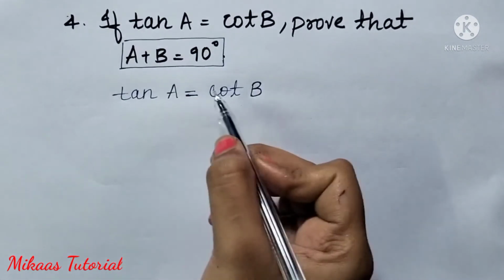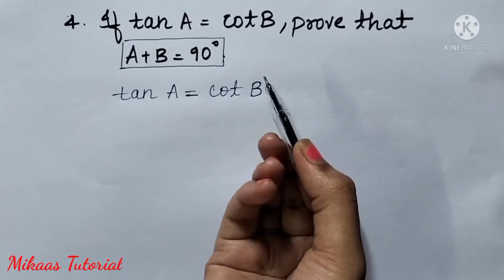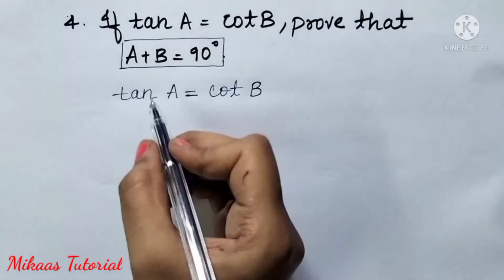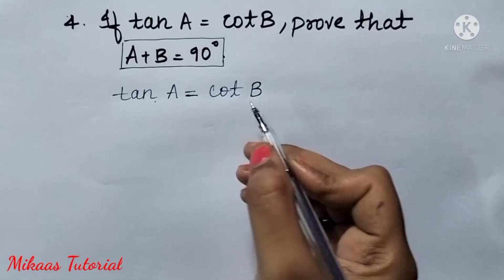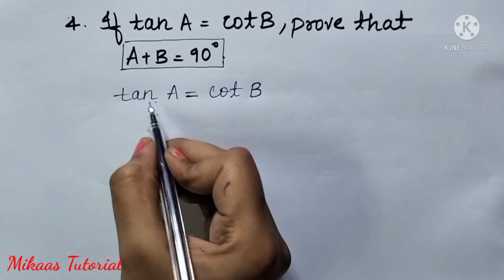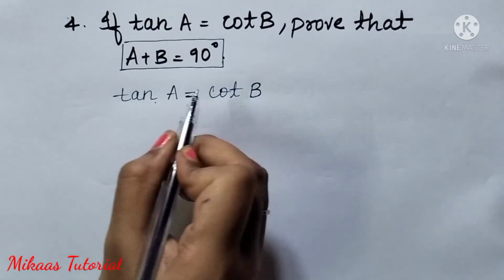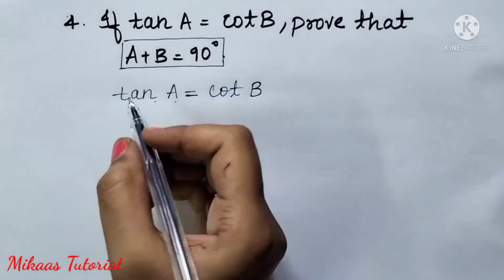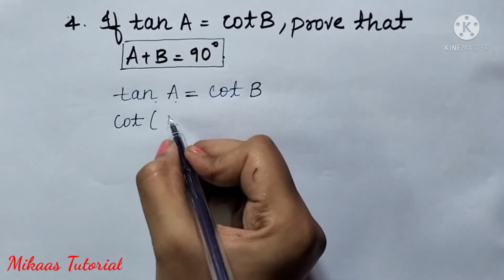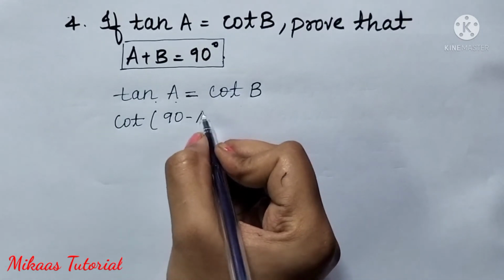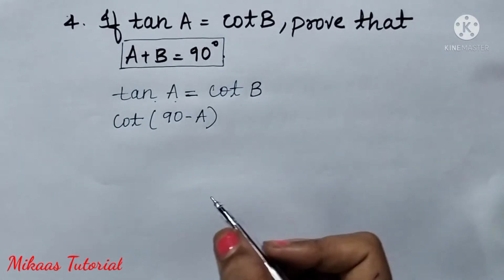Here you see tan A is equal to cot B. Both are different. We cannot compare them. For that, we will convert this tan A in terms of cot. How? Tan A is equal to cot B, it is given. Now, you will convert it as cot 90 minus A. Think in this way.